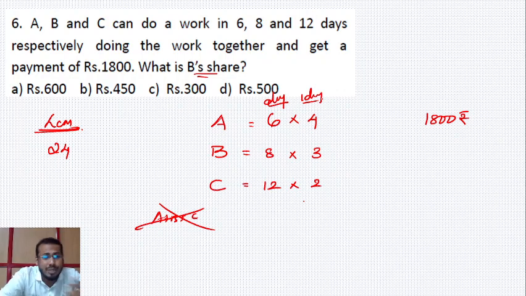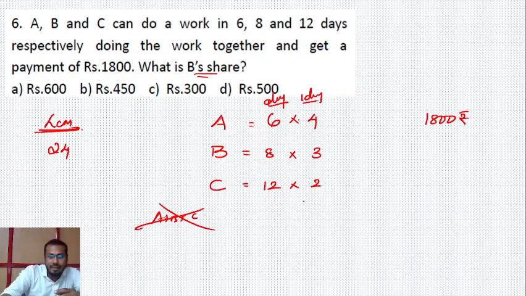For which should I share? According to the days I need to give the payment, or according to their efficiency? Always we need to give the payment for their efficiency, because somebody can complete a work in 1 day, and the same work was completed by another person in 10 days. We can't give 10 days' payment for them. We give the payment only for their efficiency. We should give salary only for skill.